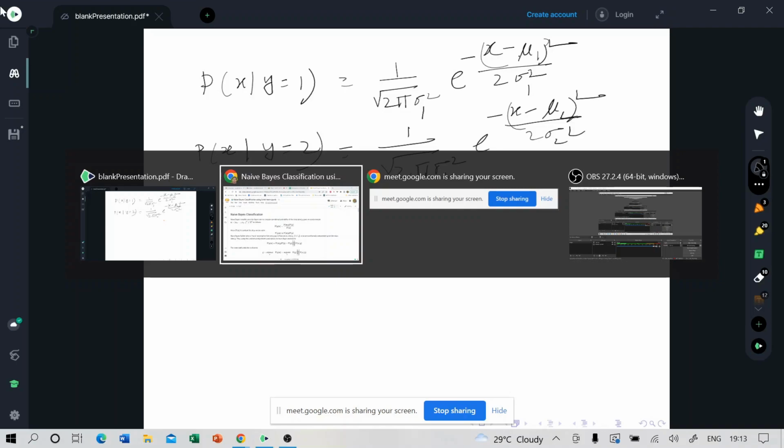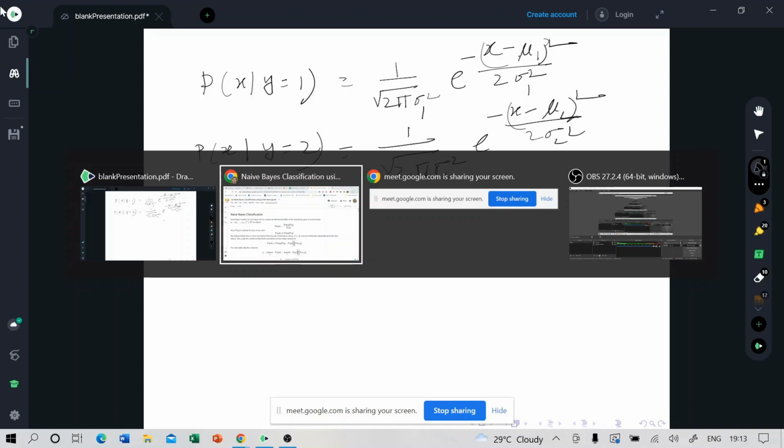Okay, so that is the basic idea behind Naive Bayes classifiers. Now we will look into some examples of different kinds of Naive Bayes classifiers.